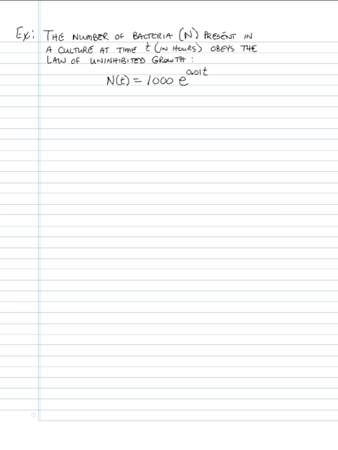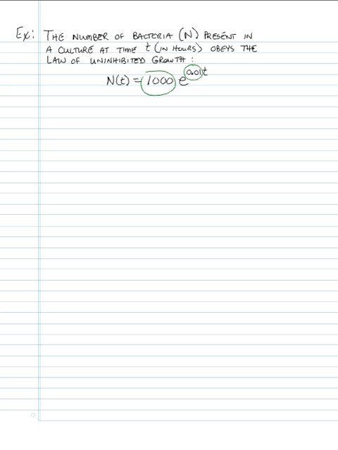This first example, as we read the problem, the number of bacteria represented by N, or N of t in this case, present in a culture at time t, and t is measured in hours, obeys the law of uninhibited growth. And we're given what the model is specifically here. So later on, we're going to run into scenarios where we have to decide what the model is. And when we're deciding what the model is, what we're really worried about is determining this value, the N sub 0 or the A sub 0, and this value, which is the k.